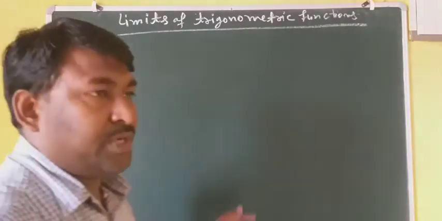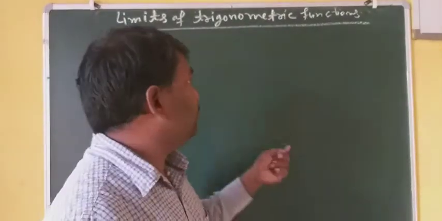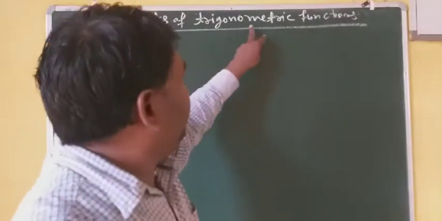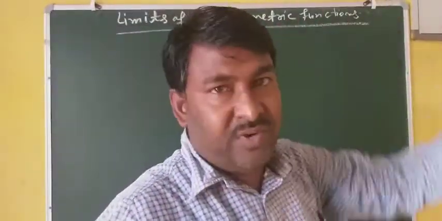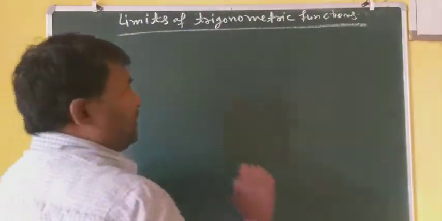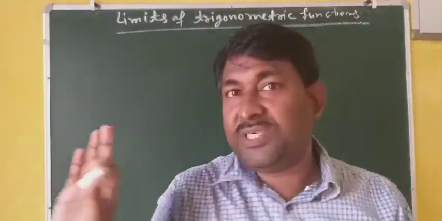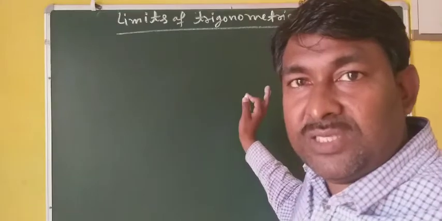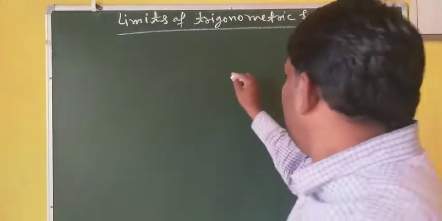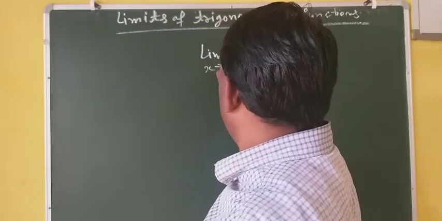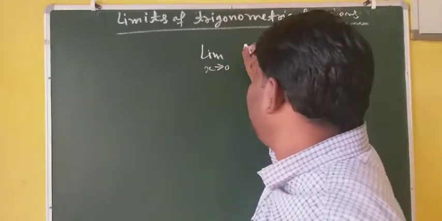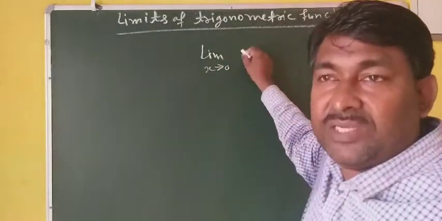Good morning students. Today I am going to explain limits of trigonometric functions. In the previous lecture I also explained limits of some trigonometric functions, but that was the limit when x tends to 0 of trigonometric functions like sin x, cos x, tan x.